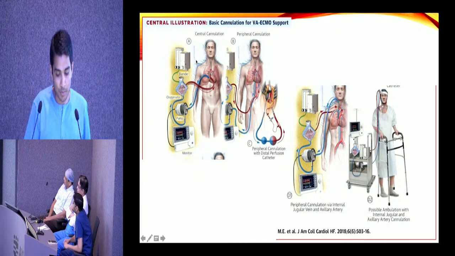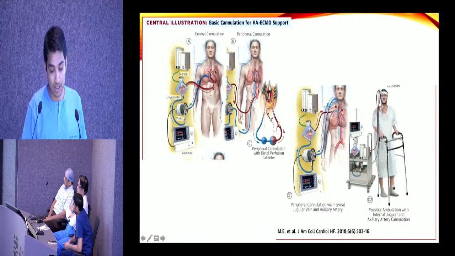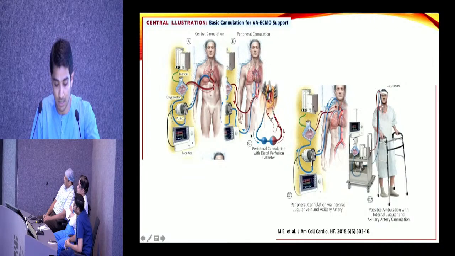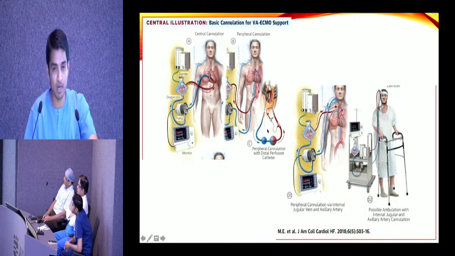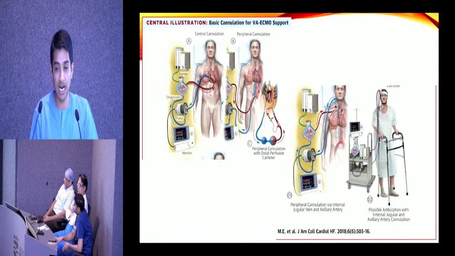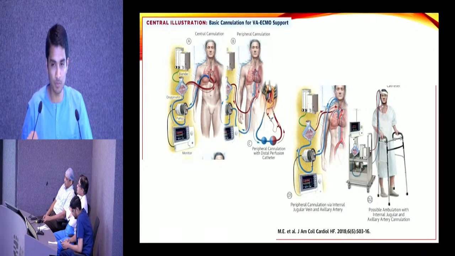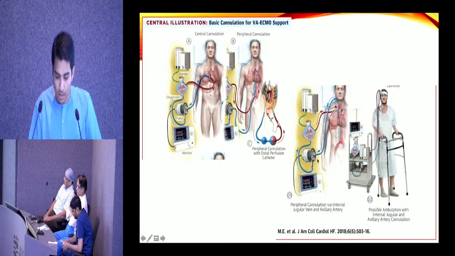Here we are comparing central cannulation, which Dr. Naresh will talk about, and peripheral cannulation, which I just described. Because the arterial cannula is large bore, 17 to 18 French, you always have to protect leg perfusion with an antegrade perfusion catheter.